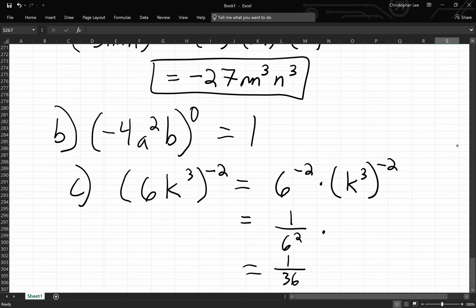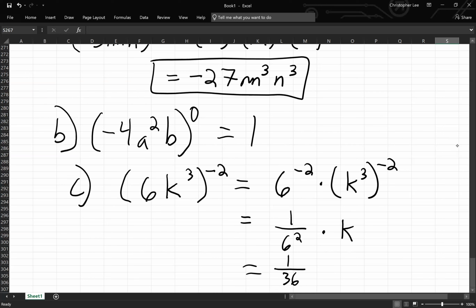And then help me out. K to the third raised to the -2 power. What is that? When you raise a power to a power, you don't add, you multiply. So what does that become? Not 5.